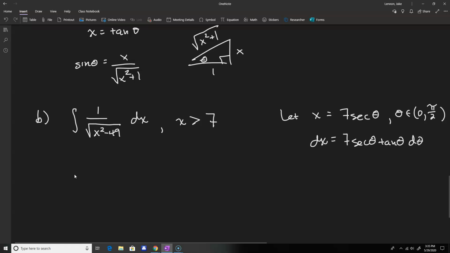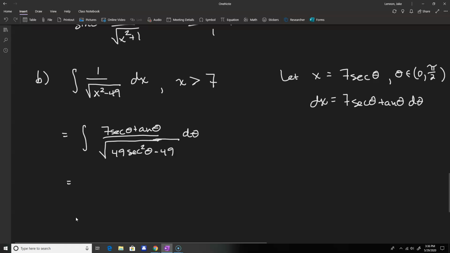All right, so let's go ahead and transform our integral. So the integral now is going to be 7 secant theta tangent theta on top. And then in the denominator, we're getting the square root of, let's say, what do we have? We have 49 secant squared theta minus 49 d theta. And then what's going to happen?